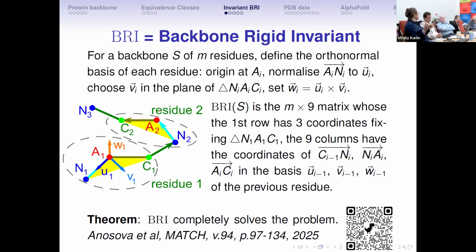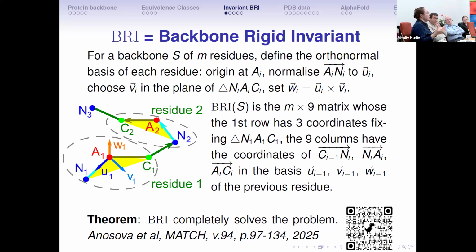Whilst you might be thinking, so what, I'll do some hand waving here, because I think it's important to demonstrate why we did what we did. So basically, we took a chain, and a chain can be seen as a sort of snake. And the problem, as mentioned yesterday and this morning, is that if you just write the coordinates in some strange coordinate system, then it will be hard to compare different snakes with each other.